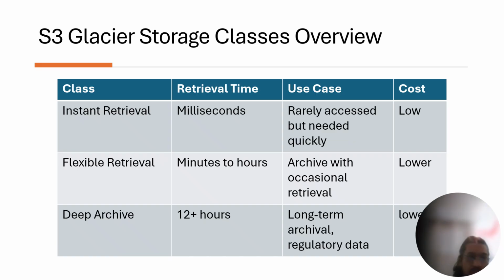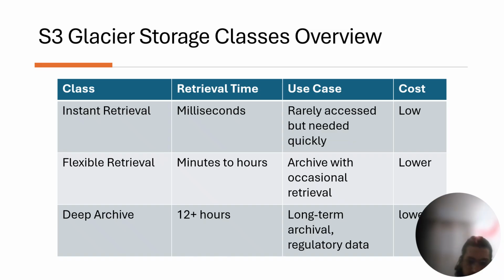Let's move towards the S3 Glacier storage classes overview. There are mainly three different classes: instant retrieval, flexible retrieval, and deep archive. Instant retrieval is the best when you rarely access your data, but when you do, you need it immediately, for example, medical images or video. Flexible retrieval, previously known as Glacier, is a middle option.